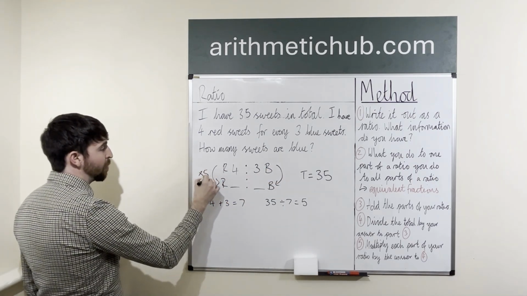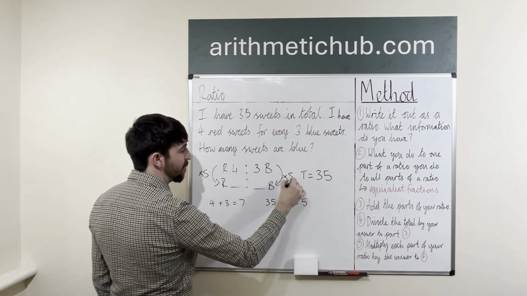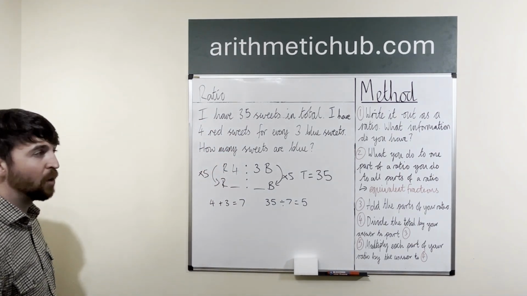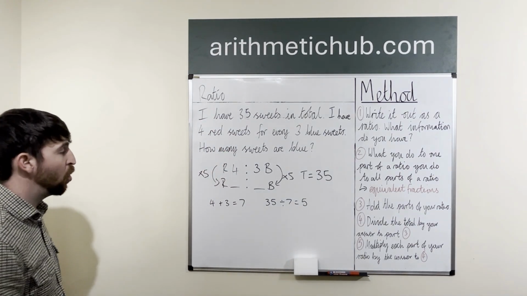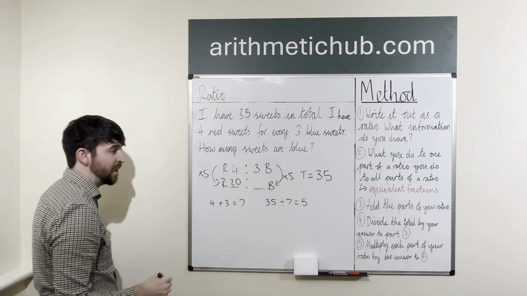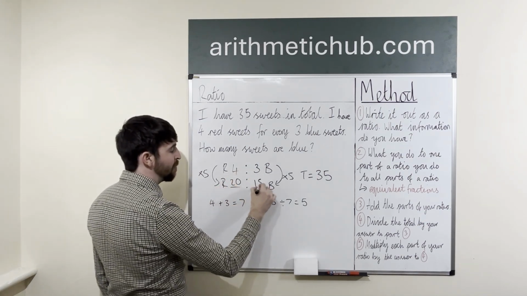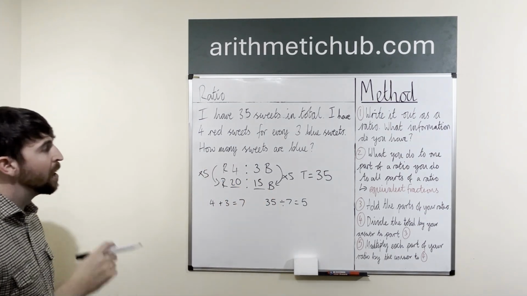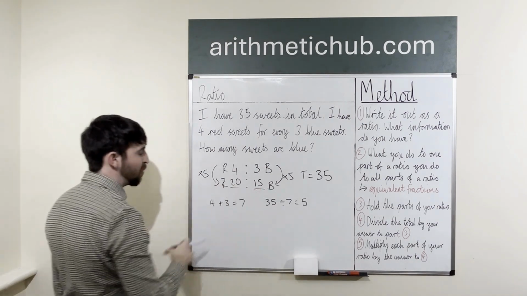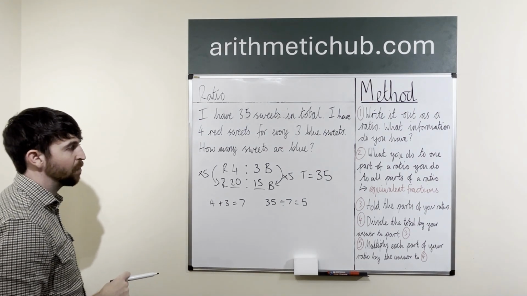So I'm going to have to multiply this by 5 and this by 5 because similar to our equivalent fractions method, what you do to one part of a ratio, you do to all parts of a ratio. So here I would do 4 times 5 is going to give me 20, 3 times 5 is going to give me 15. Okay, now it tells me how many sweets are red, how many sweets are blue. 20 sweets are red, 15 sweets are blue.